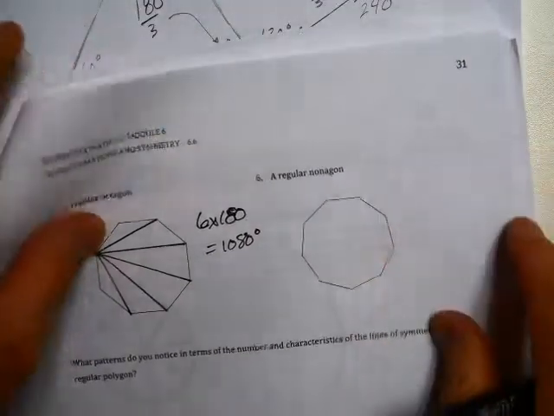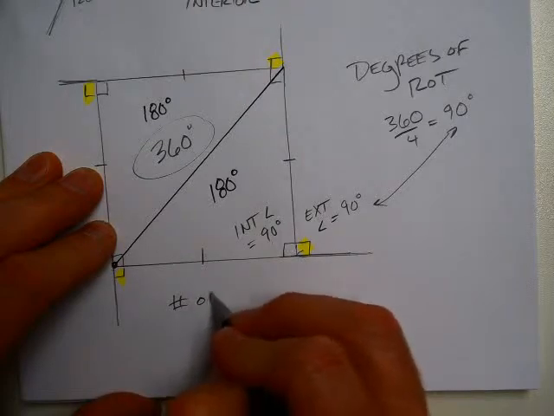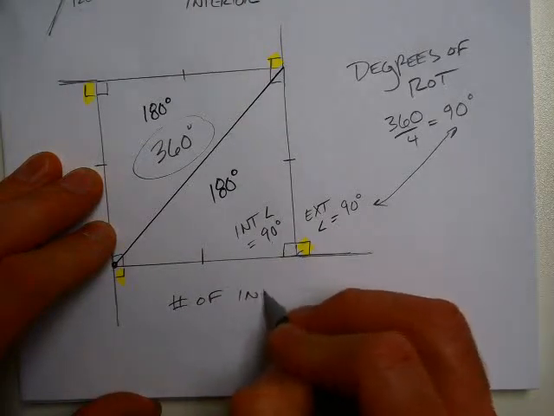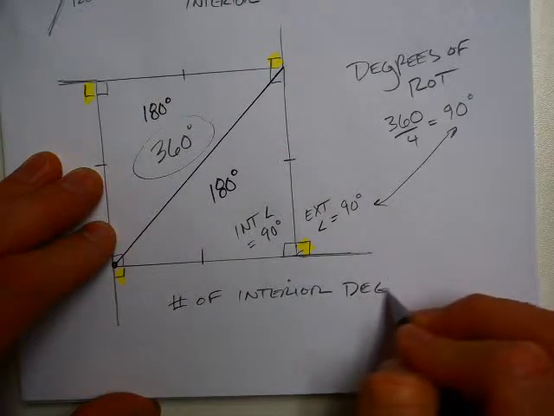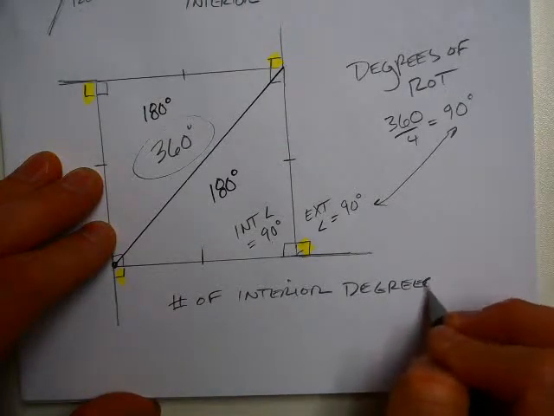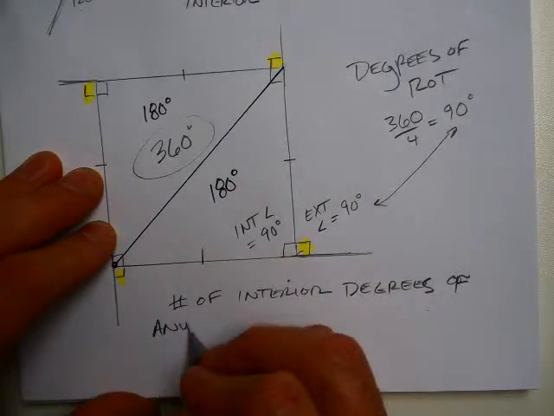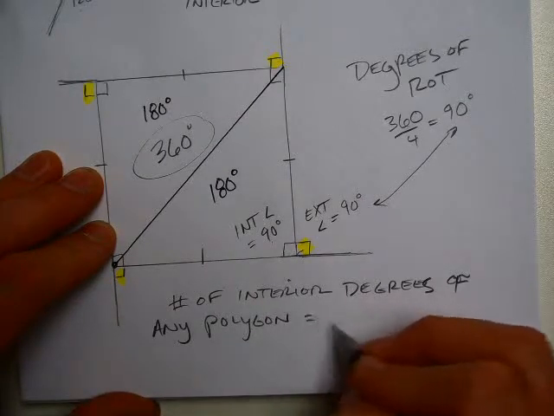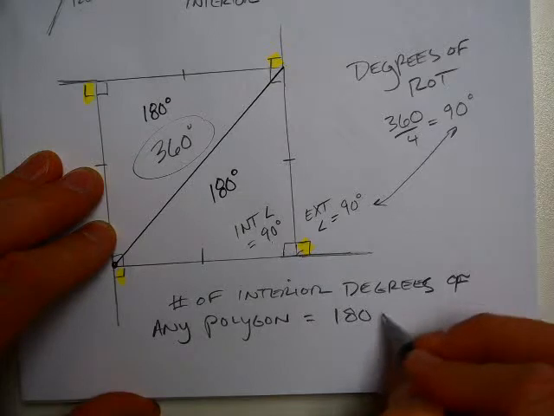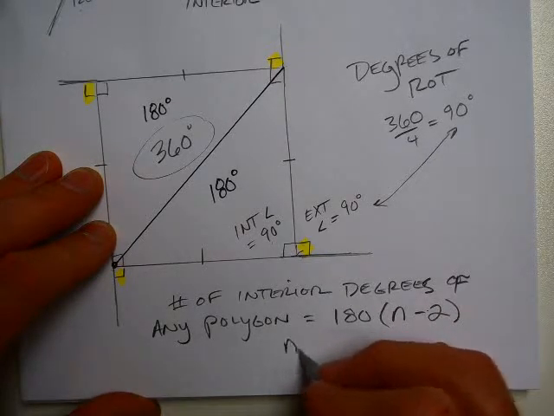So to get the number of interior degrees of any polygon, not just regular ones, it equals 180 times the number of sides minus 2, where n equals the number of sides.